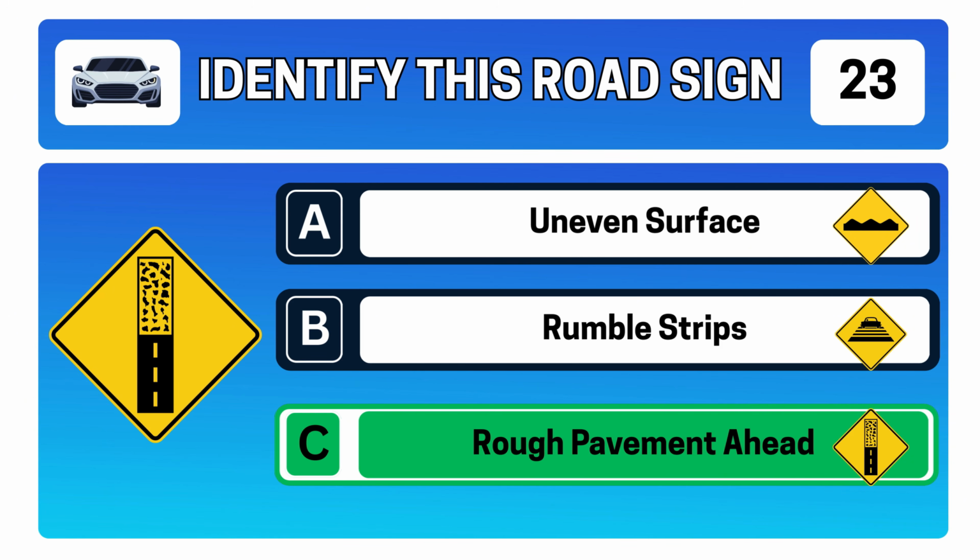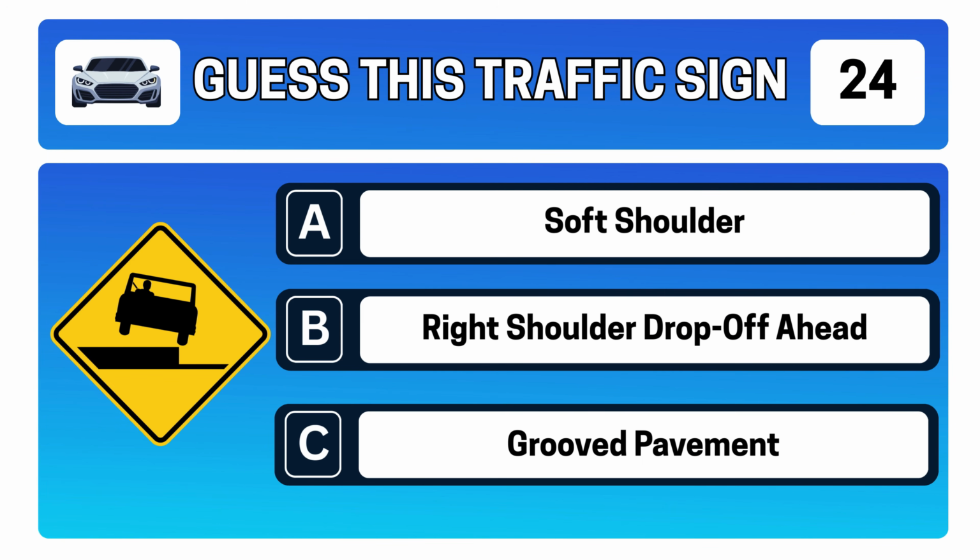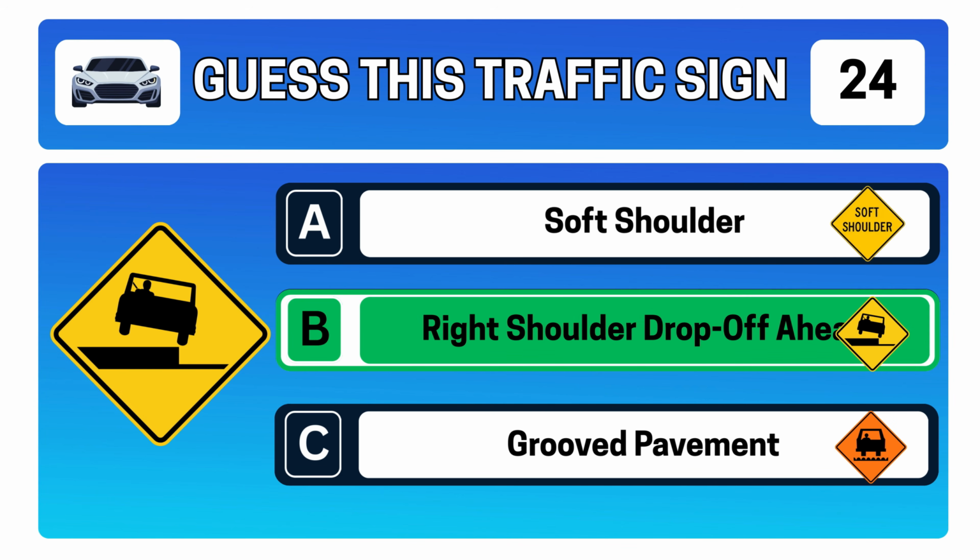Good observation. This sign warns of a rough pavement ahead. Guess this traffic sign. Exactly. This is the right shoulder drop-off ahead sign.